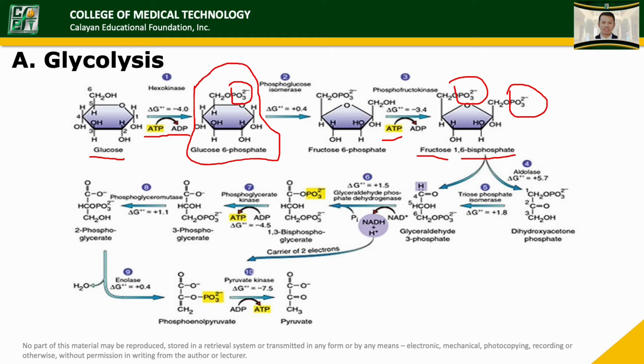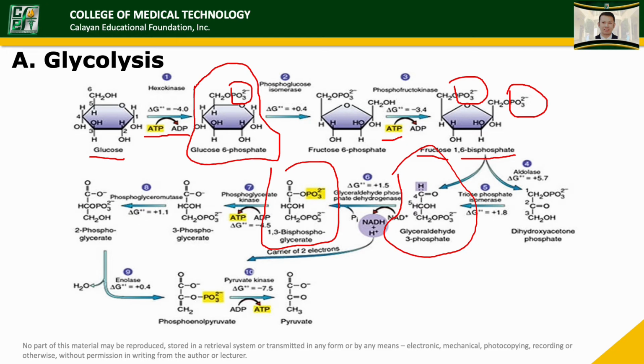You have here the reactant and the product. So this is the reactant, and this is the product. For example, we have here glyceraldehyde 3-phosphate. If you recall from the previous topic, glyceraldehyde is a sugar with an aldehyde chemical formula.